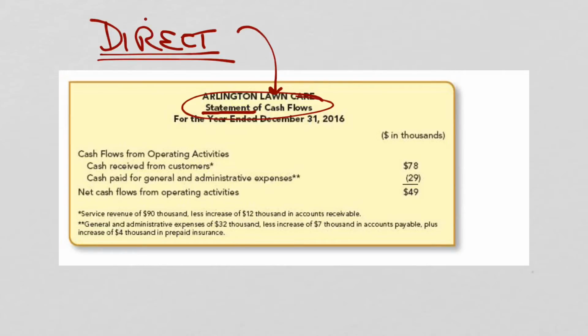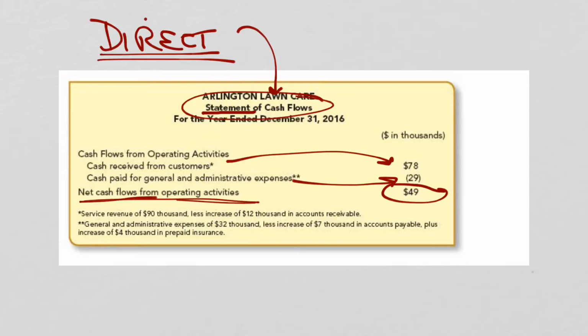The statement of income in the actual financial statements would be on an accrual basis. But this direct method will show you what it might have looked like if it had been presented on a cash basis. We show the income on a cash basis, then all the expenses on a cash basis, and then we get a net bottom line on a cash basis.